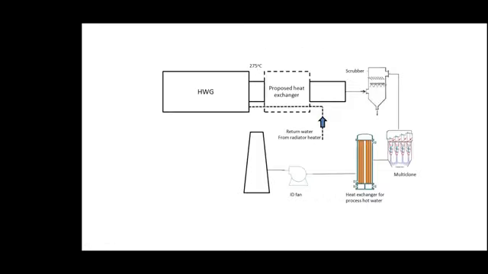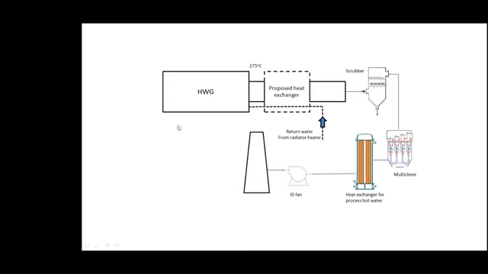And this is the schematic of this. You have the hot water generator, and what we have done is this temperature. The hot water generator exhaust is 275 degrees. This is pretty high. So what we did was provide one more preheater here, one more heat exchanger, for the return water.